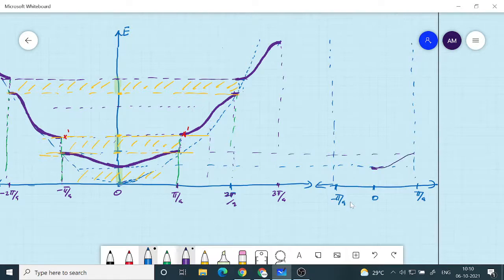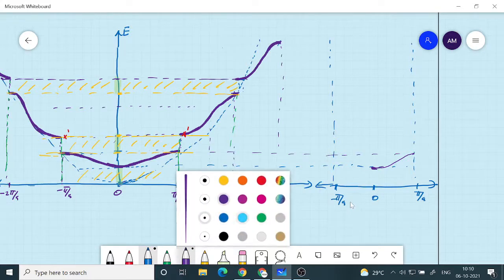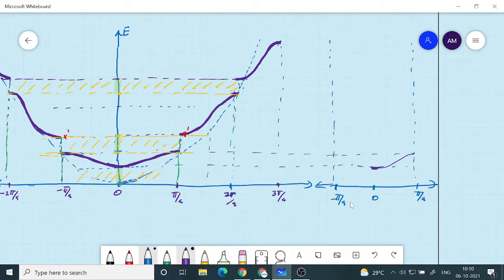So that will be like this. Let me just take. So this is the same as before. But the second one, what I'm going to do is I'm going to shift it by 2 pi by a. And that's going to come here. It's going to come here.